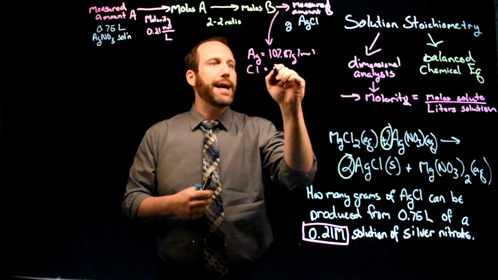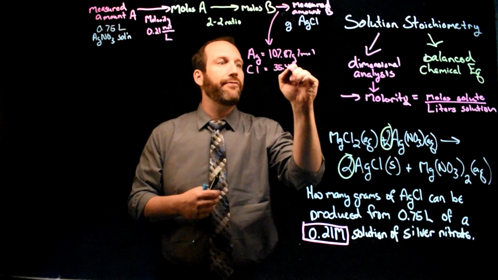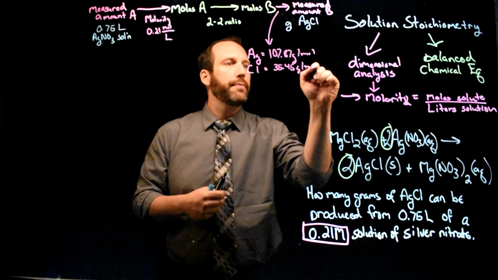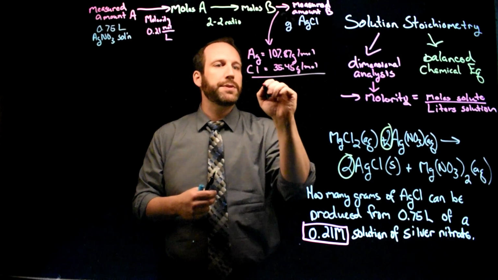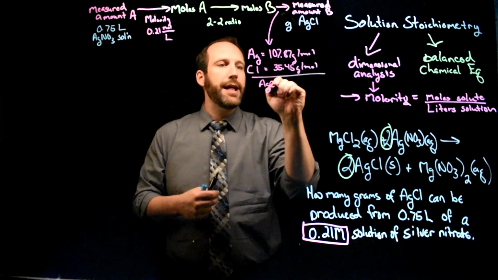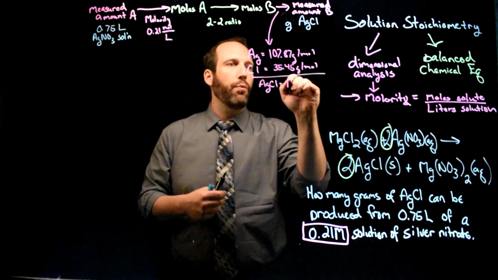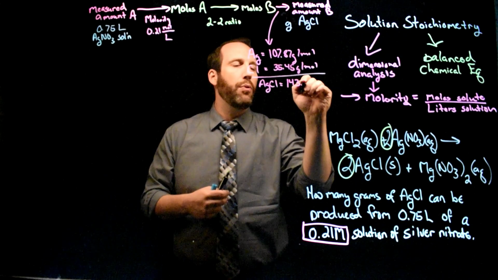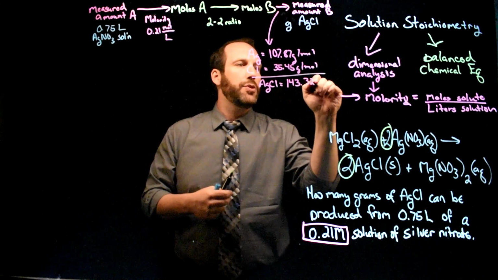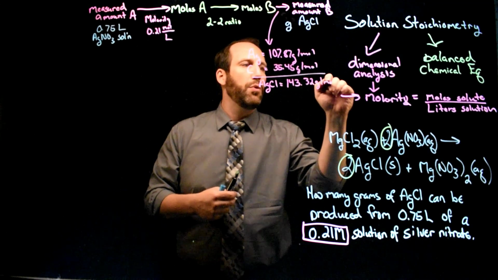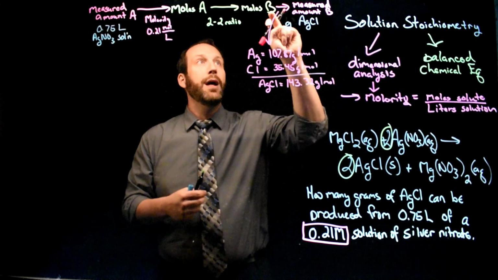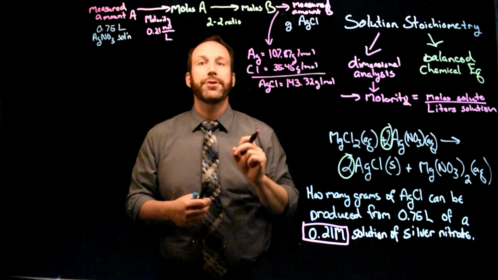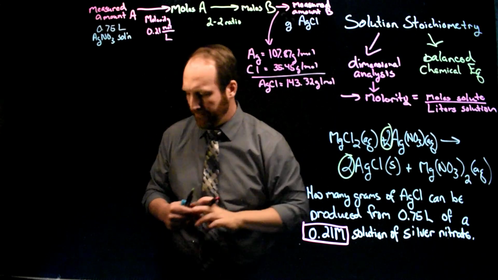Chlorine has a molar mass of 35.45 grams per mole. And so, let's see, that equals, AgCl has a molar mass of 143.32 grams per mole. So that's what's going to allow us to convert from moles of silver chloride into grams of silver chloride.